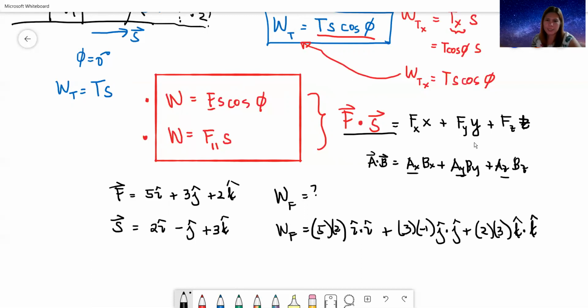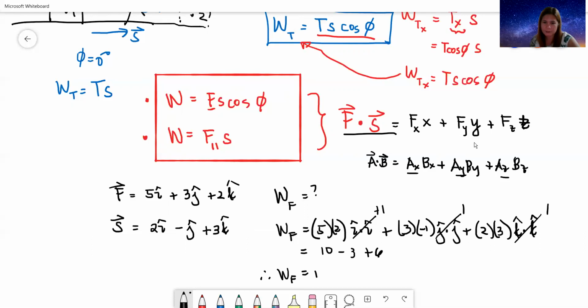So, that product, mawawala na ang unit vectors kasi walang direction, di ba? So, i dot i is equal to positive 1, this is also 1, and this is also 1. And then we have, so 5 times 2, this becomes 10 minus 3 plus 6. Therefore, the work done by force F here is 13.